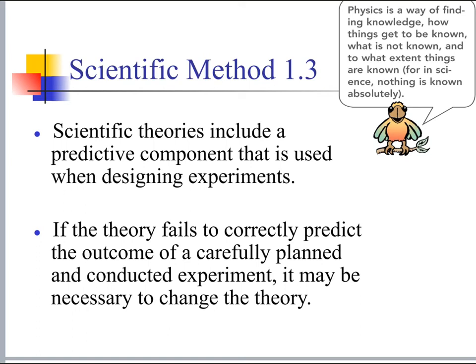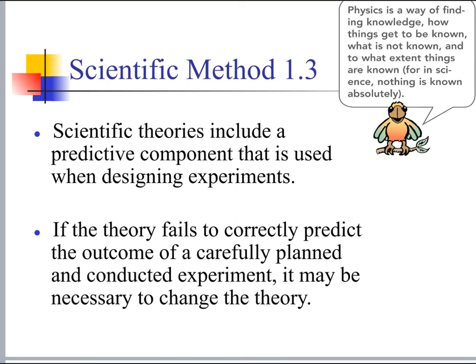And like I've said before, theories are explanations. They have a predictive component to it. In a way, a theory is almost like a hypothesis with experimental backing. And so sometimes we do have to change the theory.